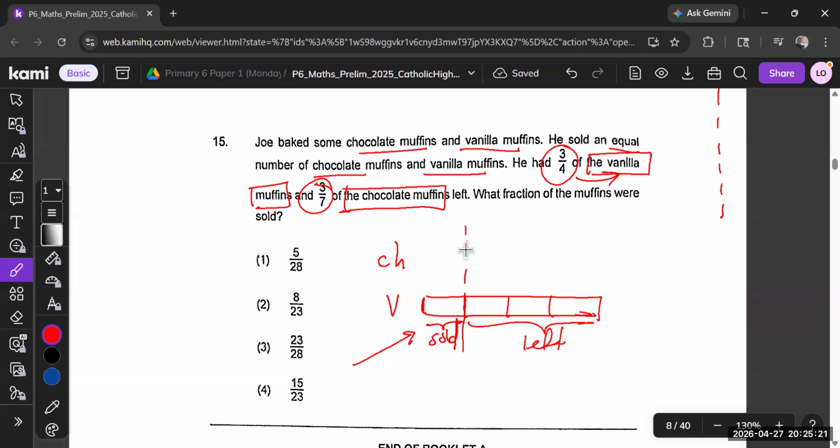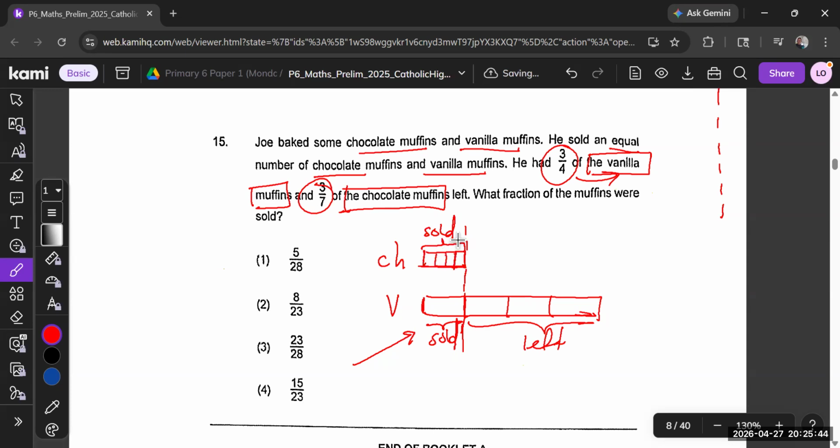And how come Mr. Ong got this dotted line? Because he sold an equal number of chocolate and vanilla. So the chocolate is 3/7 left. Then what fraction is sold? 4/7. So you draw until the dotted line, and this is sold, and you cut into 4/7, 4 boxes.